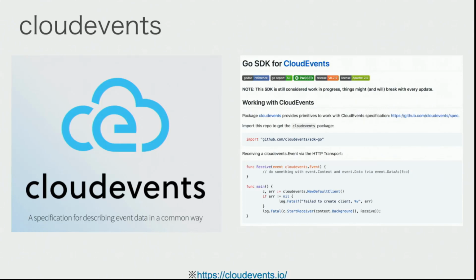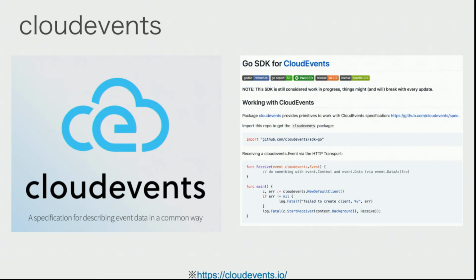This is CloudEvents. Events are everywhere. For example, AWS S3, GCP Cloud Pub/Sub, Kubernetes as well. However, each event publisher tends to use its own event format. CloudEvents is a specification for describing event data in common formats.